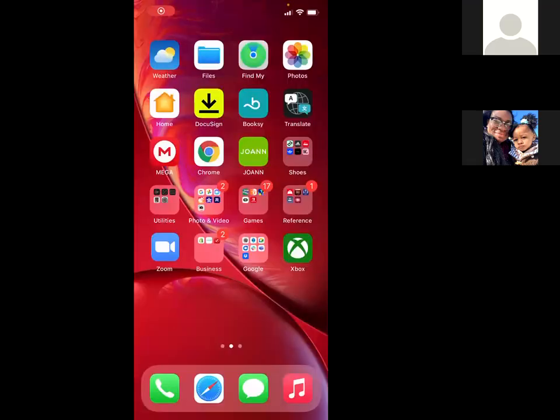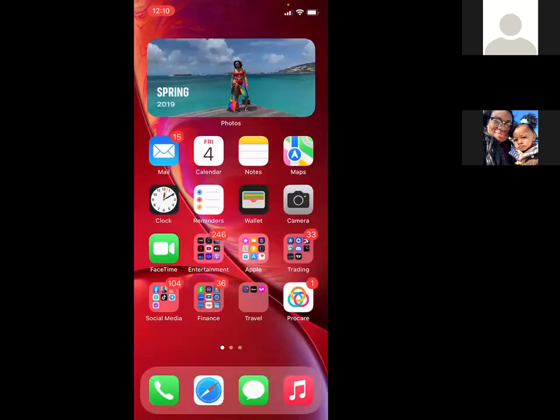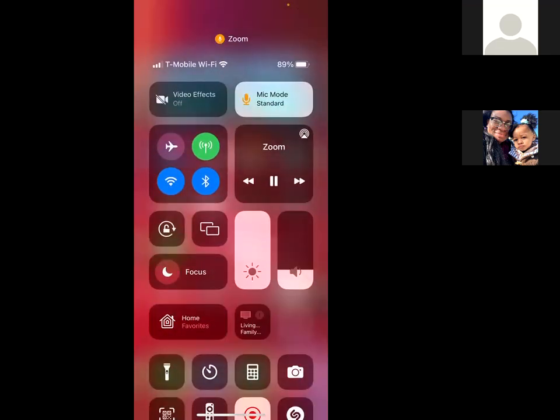Hold on. Let me share my screen. Yeah. Thank you. Yeah, I know what he's talking about. Let me know if you can see my screen. Yeah, I can see it. All right. On the right hand side, I'm pulling down by the Wi-Fi.